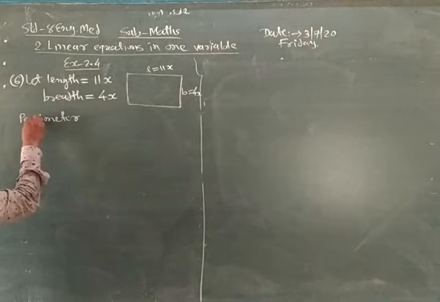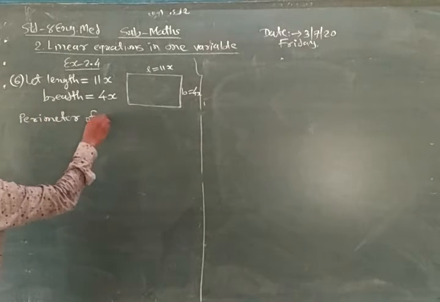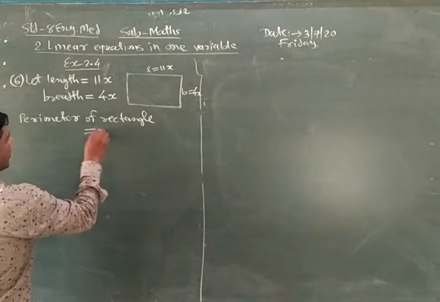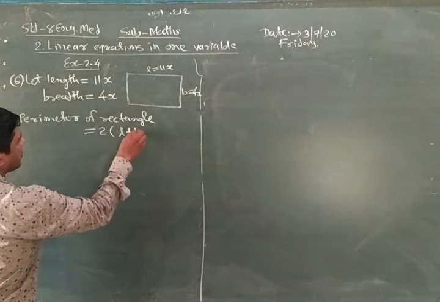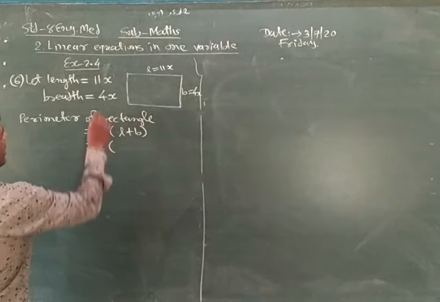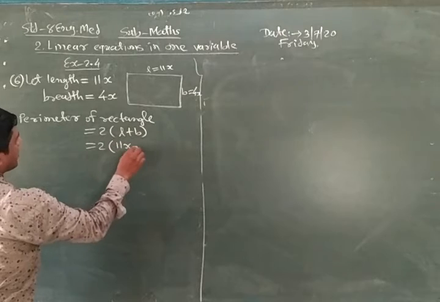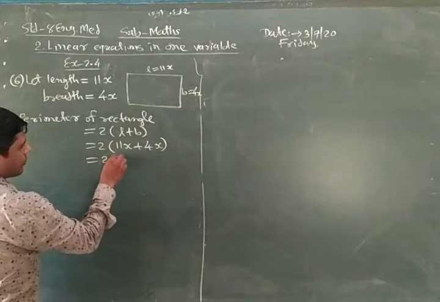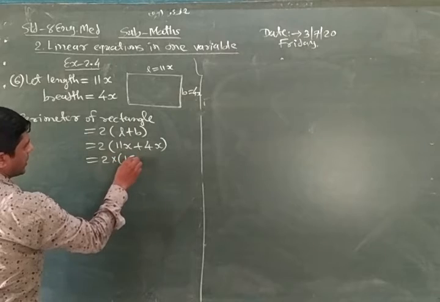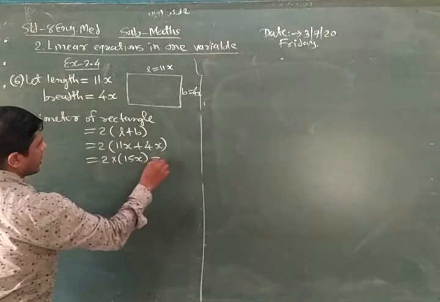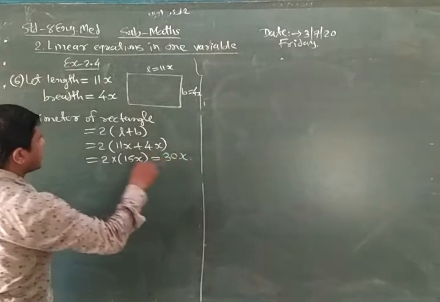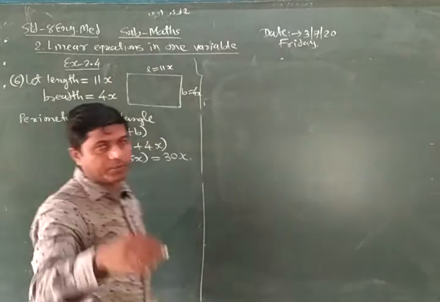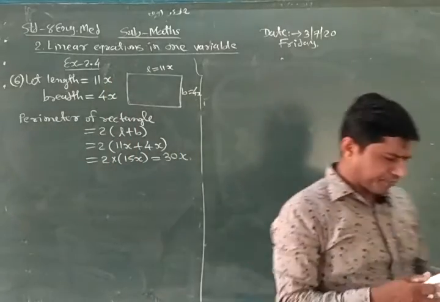Perimeter of rectangle, formula 2(l + b). Length is 11x, breadth is 4x. Addition 11 plus 4 is 15x. 2 times 15x is 30x. This is the fencing, the perimeter of the rectangular plot.